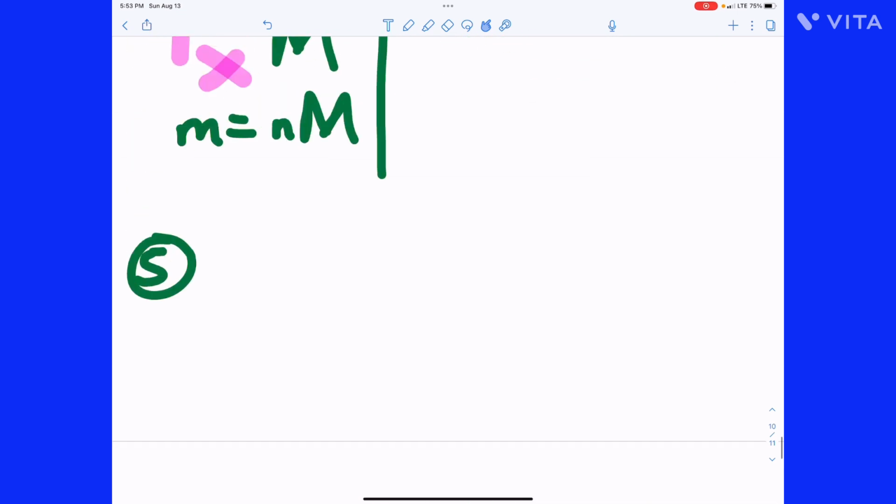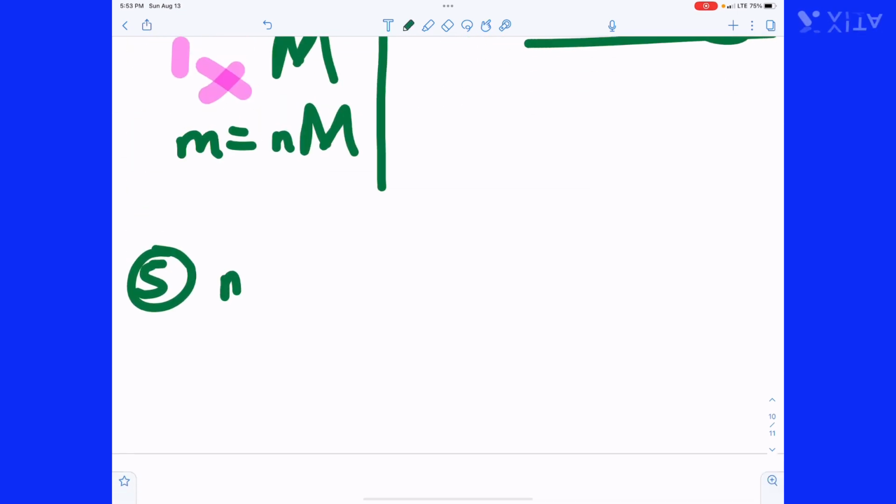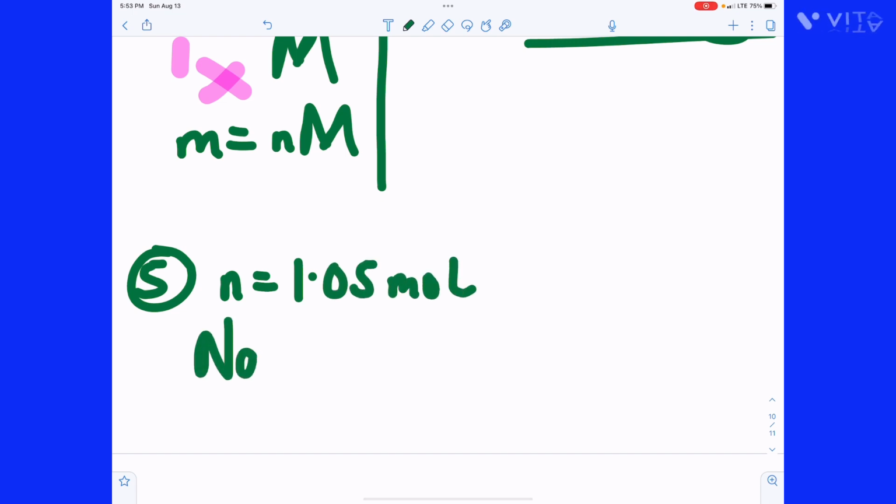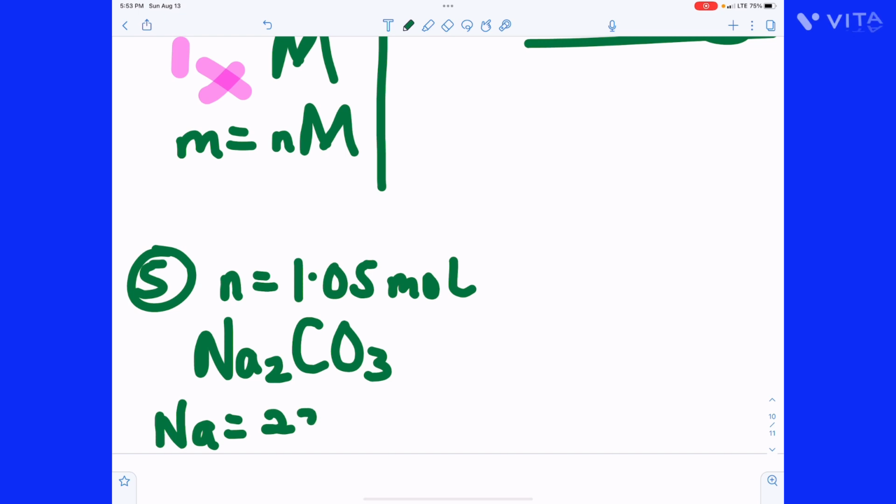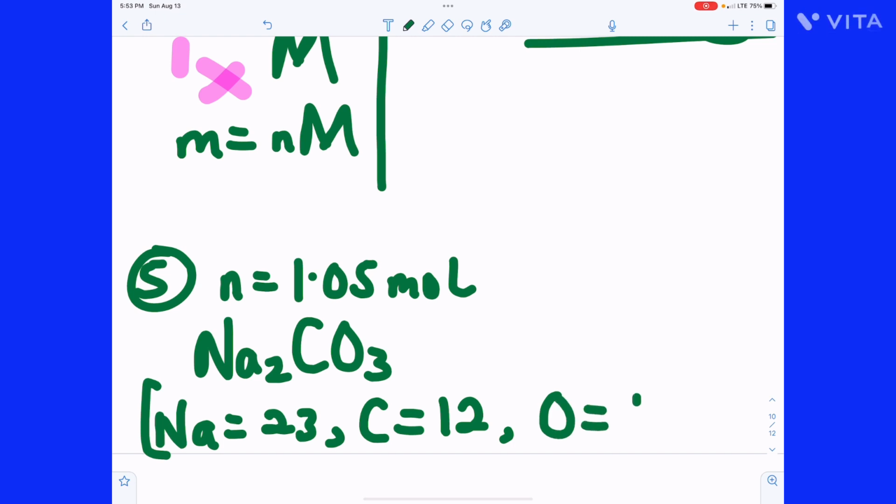We know the number of moles of the salt, 1.05 moles of Na2CO3. The question says Na is 23 relative atomic mass. These are in bracket. Carbon is 12. Oxygen has a relative atomic mass of 16.